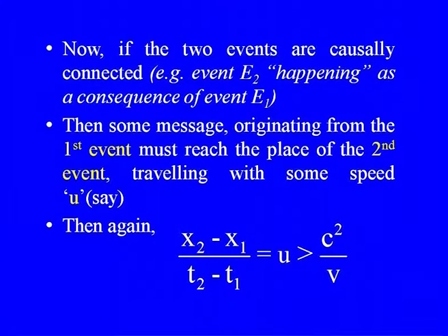Now, what does it mean? This u in this case would be more than c square by v. Why? Because x2 minus x1 divided by t2 minus t1 is more than c square by v.